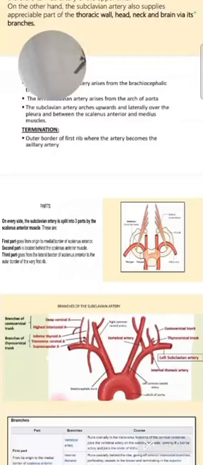First part arises from the origin to the medial border of the scalenus anterior muscle, and the second part is just behind the scalenus anterior muscle. Third part from the lateral border of scalenus anterior to the outer border of the first rib.